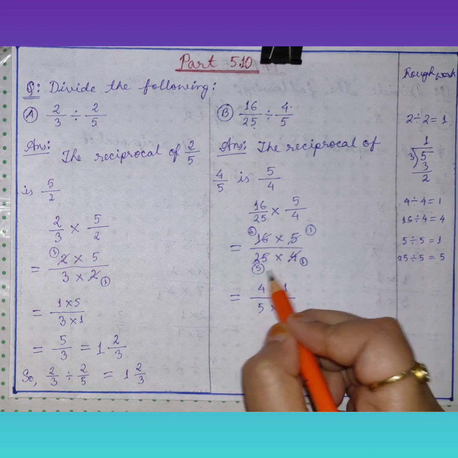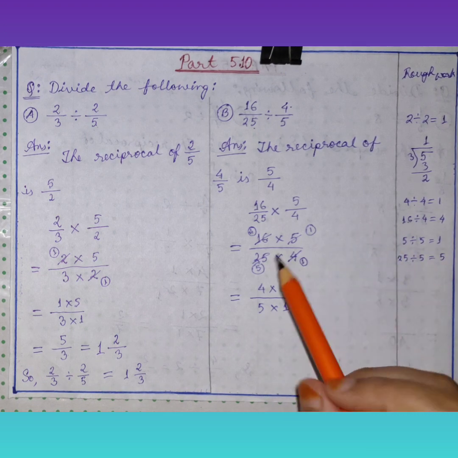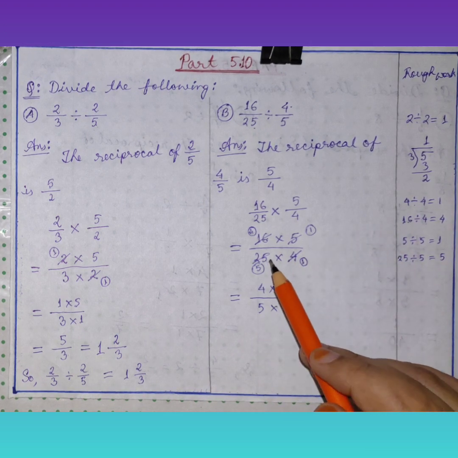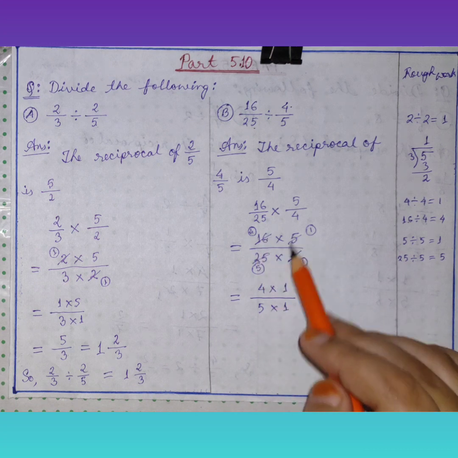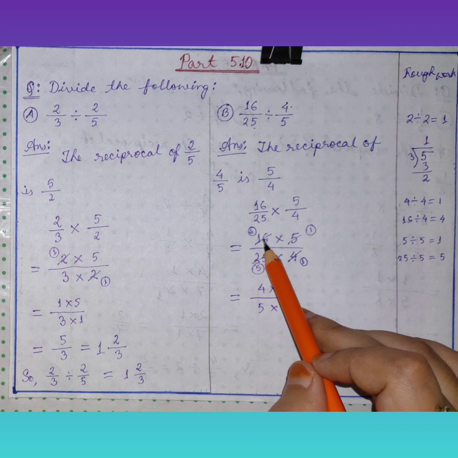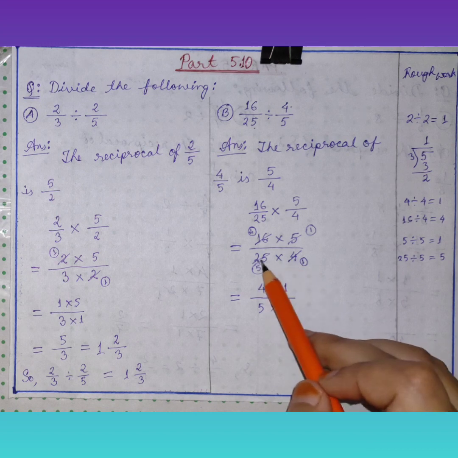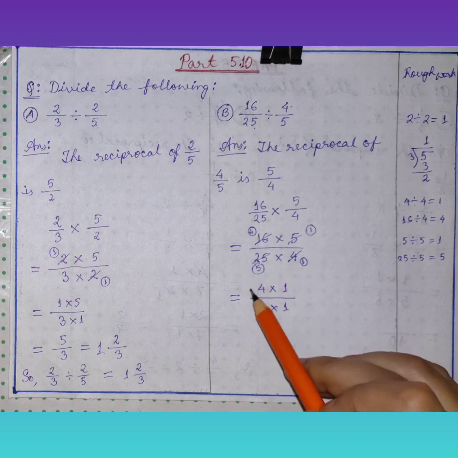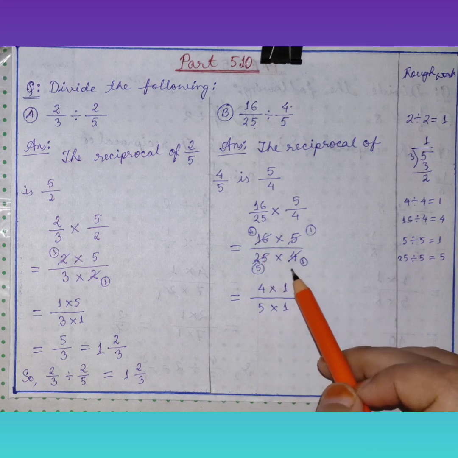in the denominator's place. Now here let me tell you one thing. It is not mandatory that you have to check the numbers crosswise. Here 16 is at the first place, but 4 is at the second place, because in the denominator the first number is 25. It is not necessary that you have to choose like that only.